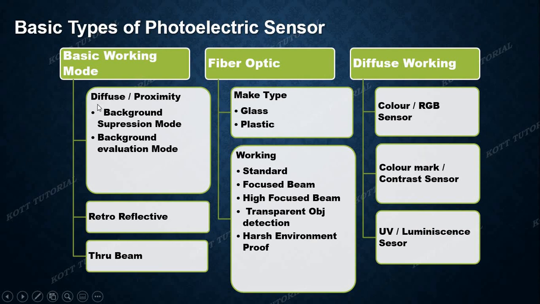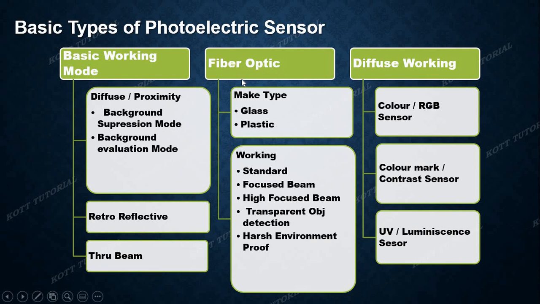Now let us start with the basic types of photoelectric sensor. See, I have bifurcated it into 3 types. One is basic working mode, other is fiber optic, and third is diffuse working. In the basic working mode, I have divided photoelectric sensor into basically 3 types depending upon the working mode, that is diffuse or the proximity, retroreflective and through beam.